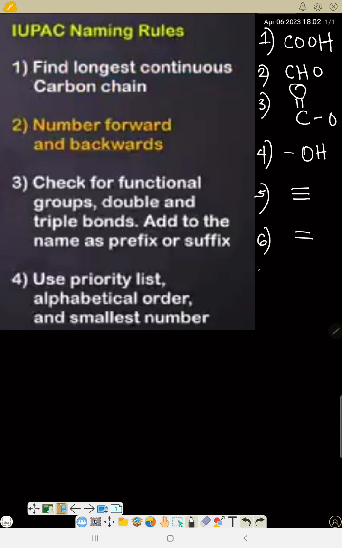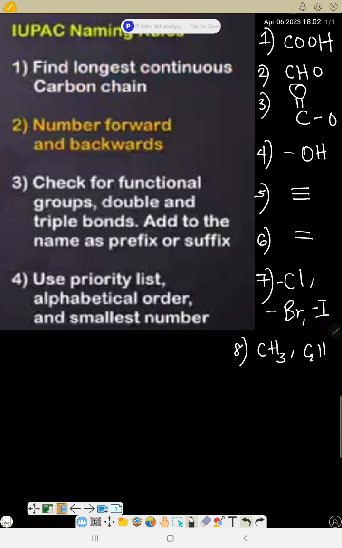Now followed by, we also have the halogens: chlorine, bromine, iodine, like that. We also have methyl, the alkyl group, ethyl.